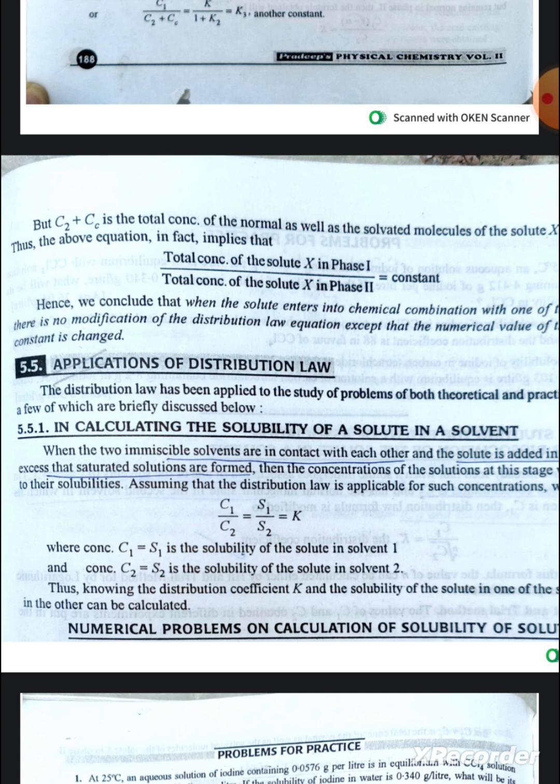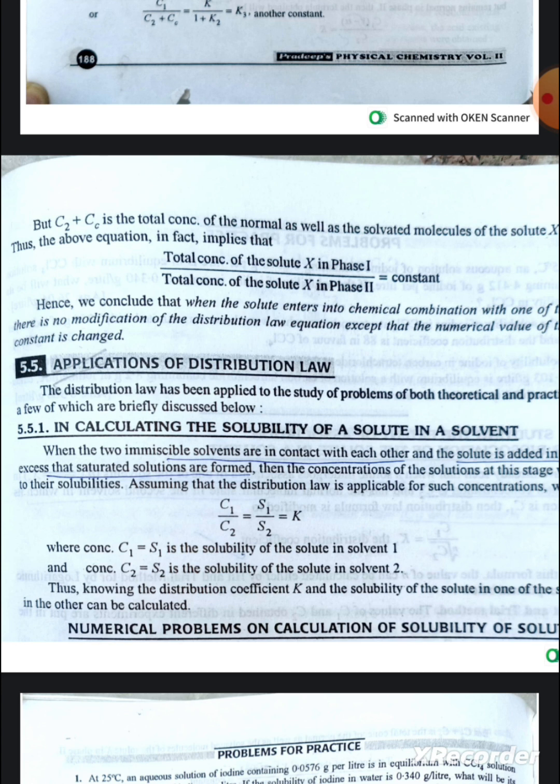When the two immiscible solvents are in contact with each other and the solute is added in such a large excess that saturated solutions are formed, then the concentrations of the solution at this stage will be equal to their solubilities.